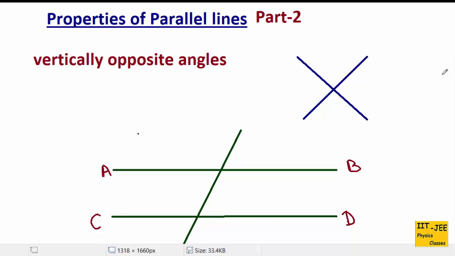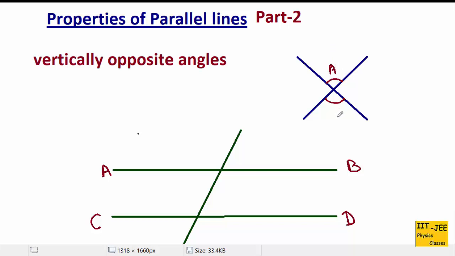Here we are going to discuss parallel lines or properties of parallel lines. Vertically opposite angles. If two lines are intersecting each other like these, then vertically opposite angles would be these ones. These are vertically opposite angles and vertically opposite angles are equal.